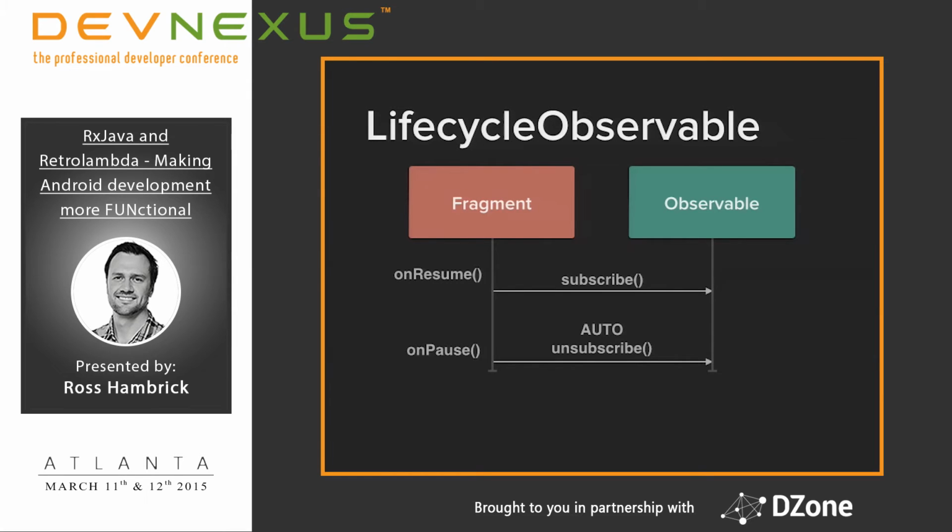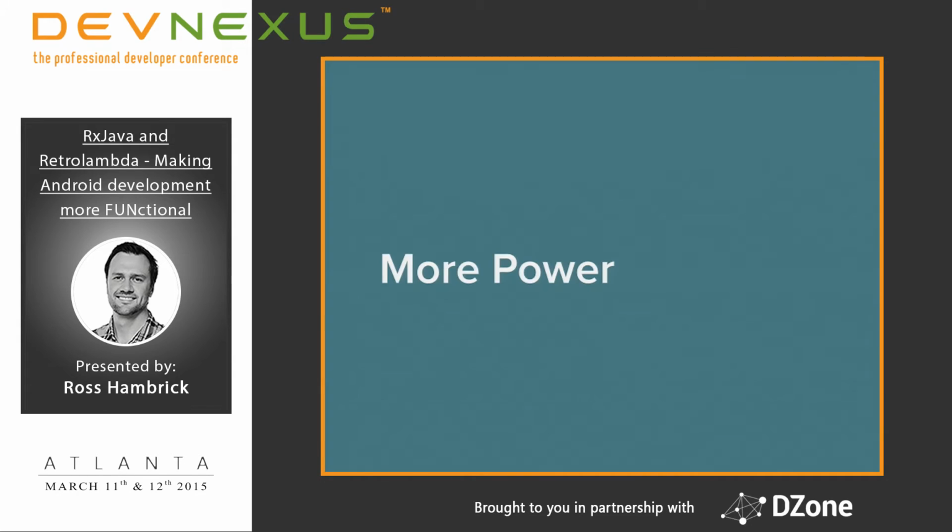It will automatically unsubscribe on its matching destruction event. So if this gets paused, the unsubscribe will fire automatically and you don't have to worry about it. And next time you come back into that fragment or activity, resume will resubscribe to this. And depending on the behavior of the observable, it will kick off again and give you what you want, or you can even handle caching, which we'll talk about in a second.